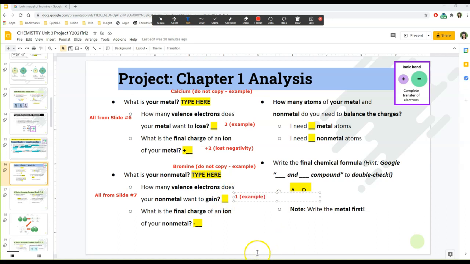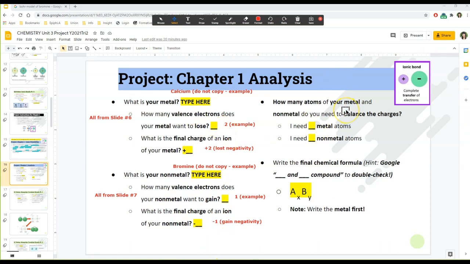So it wants to gain 1, and if we're gaining negativity, overall we should become negatively charged. So I gain 1 negativity, so I should become -1 charge, right? However many electrons you lose, that's how much you become positive. However many electrons you gain, that is what you become negative for your nonmetal, okay? So that should be easy peasy right there.